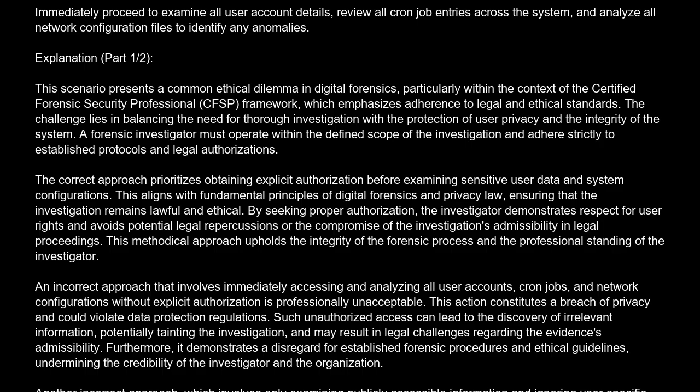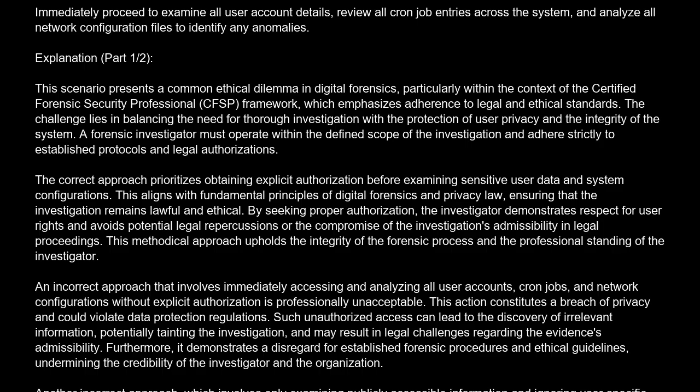The challenge lies in balancing the need for thorough investigation with the protection of user privacy and the integrity of the system. A forensic investigator must operate within the defined scope of the investigation and adhere strictly to established protocols and legal authorizations. The correct approach prioritizes obtaining explicit authorization before examining sensitive user data and system configurations.